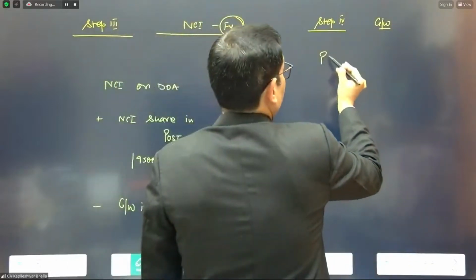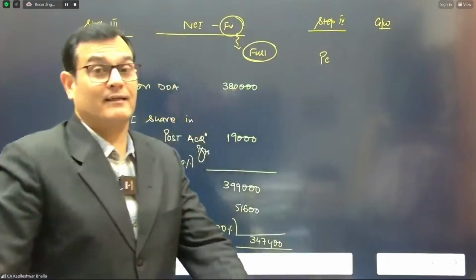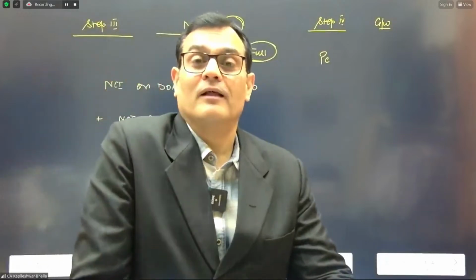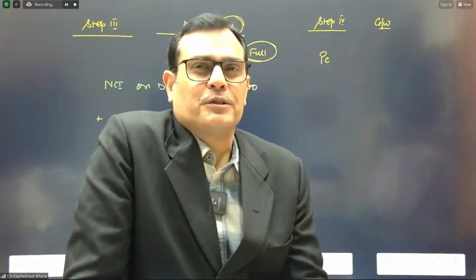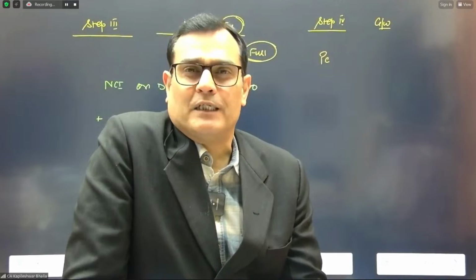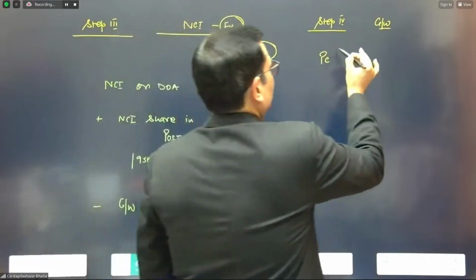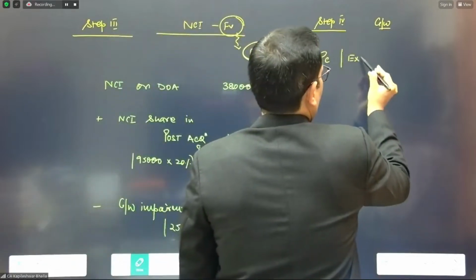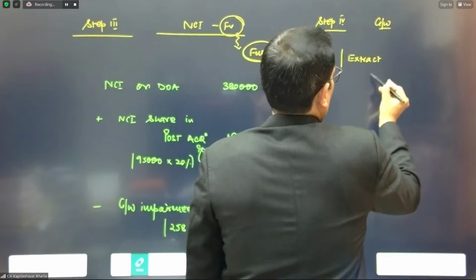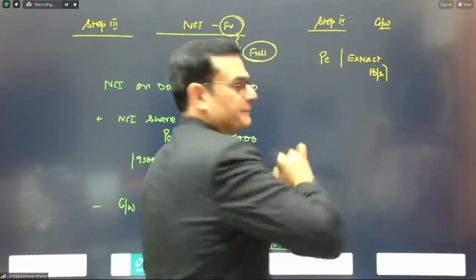So we consider the purchase consideration, and now you need to be careful that this purchase consideration is going to be picked up from the extract balance sheet and not the balance sheet given in the question. We've already done our workings in terms of this PC, so you could give the reference to the examiner as well that this is going to be picked up from the extract balance sheet.